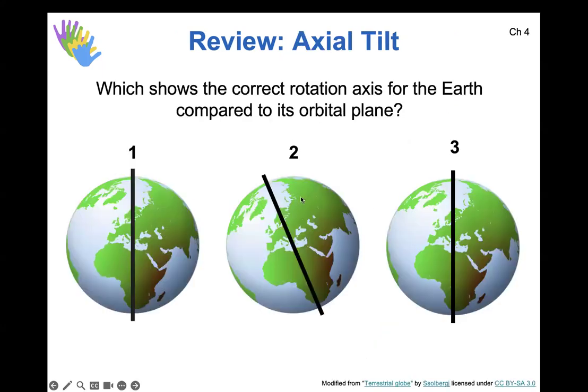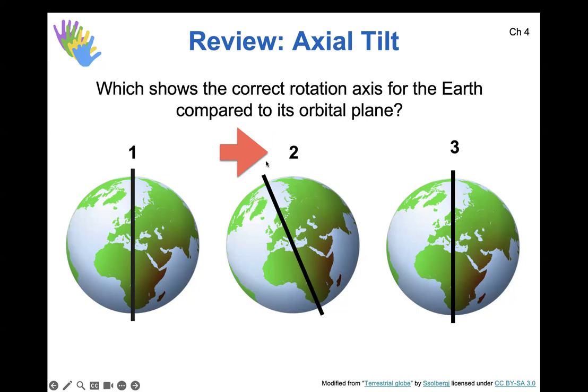Okay. So, which shows the correct rotation axis for the Earth compared to its orbital plane? Well, I'm just going to give you the answer here. It's 2. Okay, so our planet is tilted. By the way, I don't know if 1 and 3 are supposed to be identical. Maybe it's supposed to be rotated. So we've seen a few other typos in these slides, provided by the people that work the textbook.